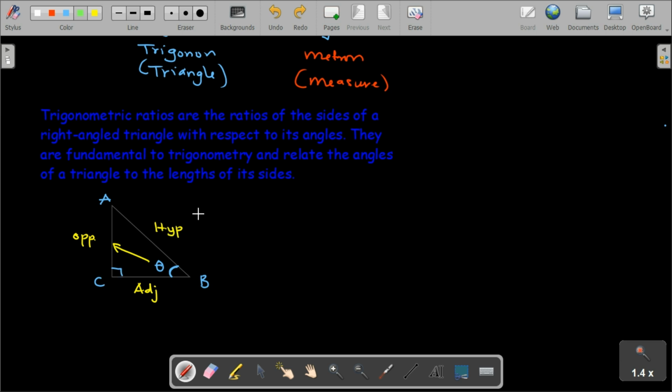So by convention, we could say let us label that hypotenuse as C, small letter C. The adjacent in this case is facing angle A. So by convention, we could label it as small letter A. And the opposite, AC, is facing angle B. So we could label it as small b. Okay? So that we have our triangle in this form.